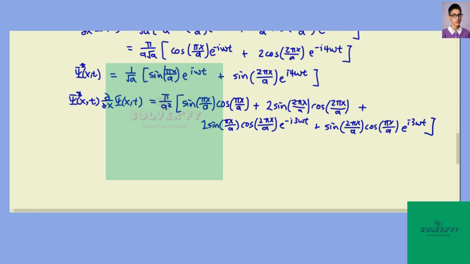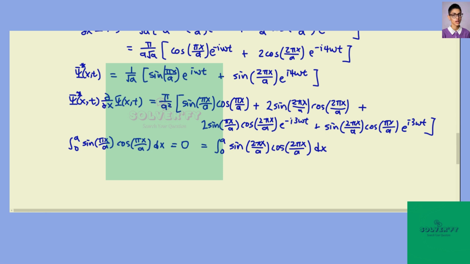Then if you use Wolfram again, you realize that the sine and cosine with the same arguments give you 0, because they are orthogonal.